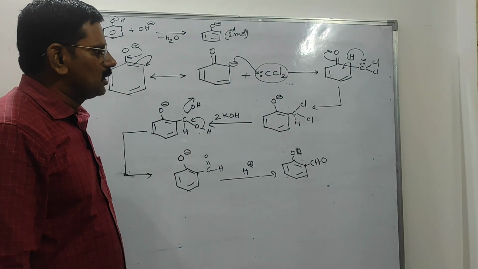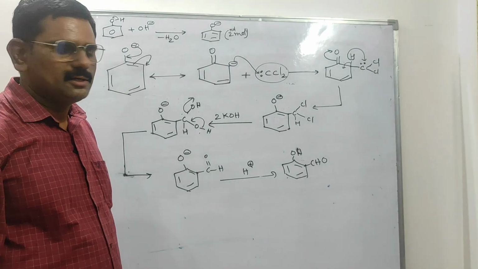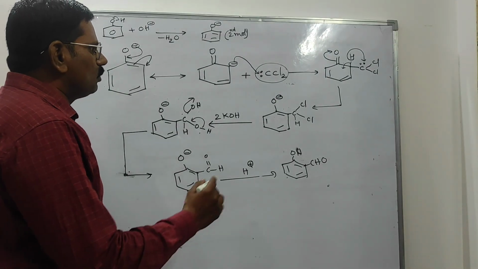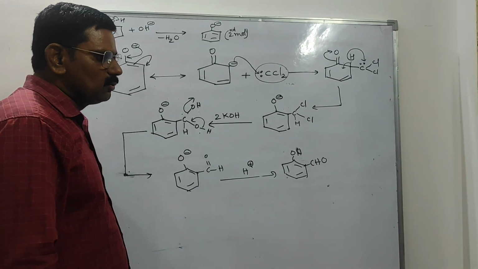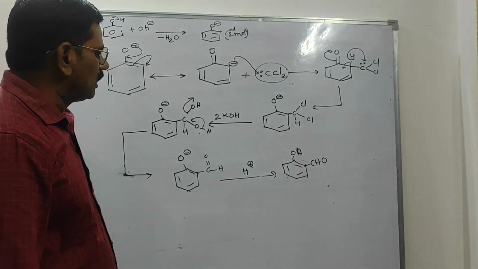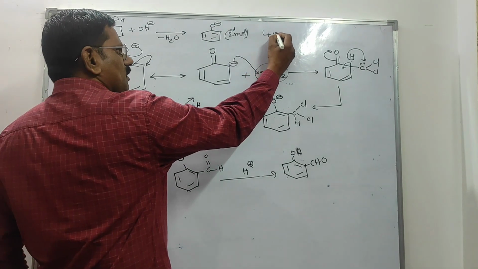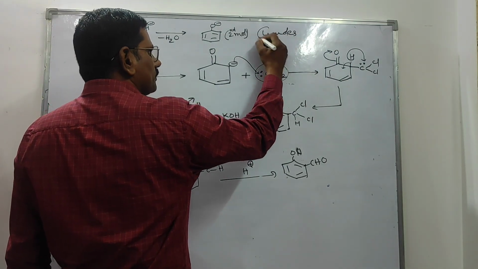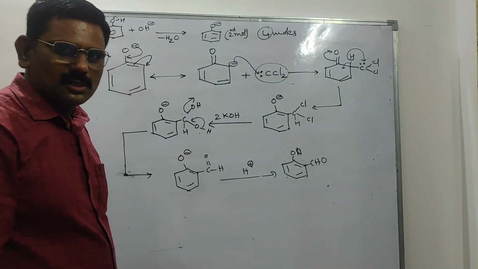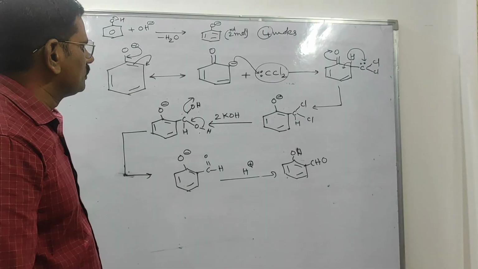Dichlorocarbene is a neutral electrophile in Reimer Tiemann reaction. How many moles of NaOH or KOH are consumed in Reimer Tiemann reaction? 4 moles of alkali, 4 moles of NaOH or KOH, are involved in this reaction.